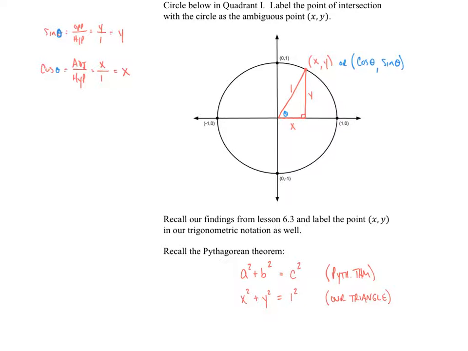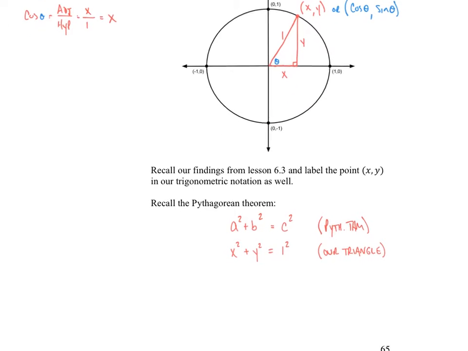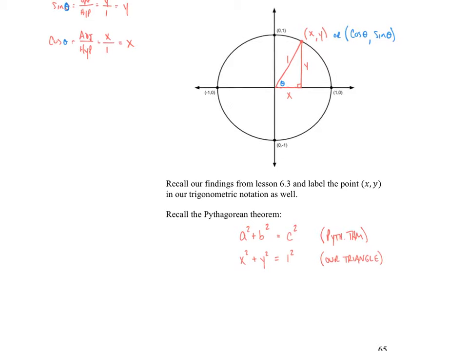And we're going to make one more leap here. If, in fact, this is true, that this point could be written like this or like this, which we know to be true from our previous lessons, as long as we're in the unit circle, then, as long as we stay within the unit circle, this must also be true. My x is the same as cosine of theta.